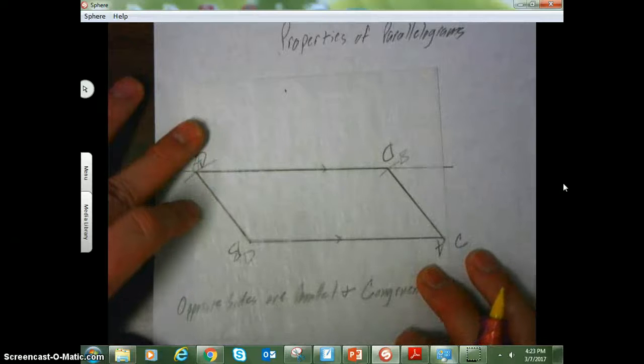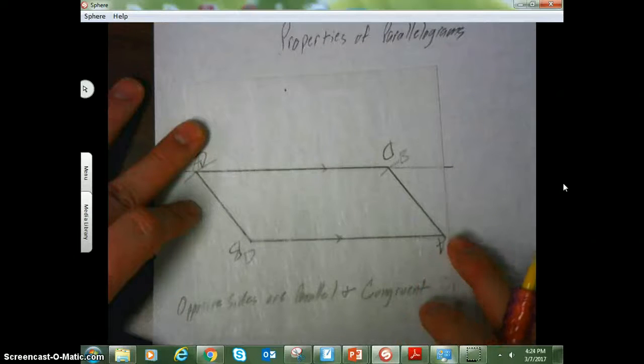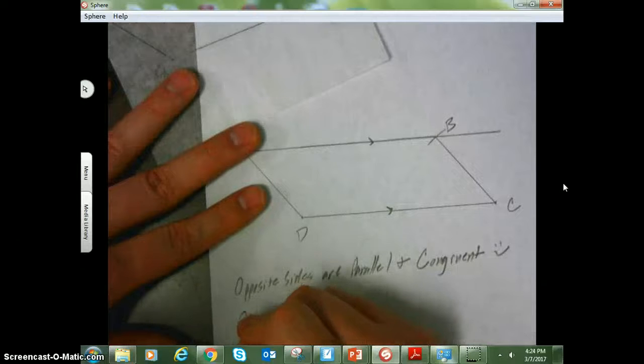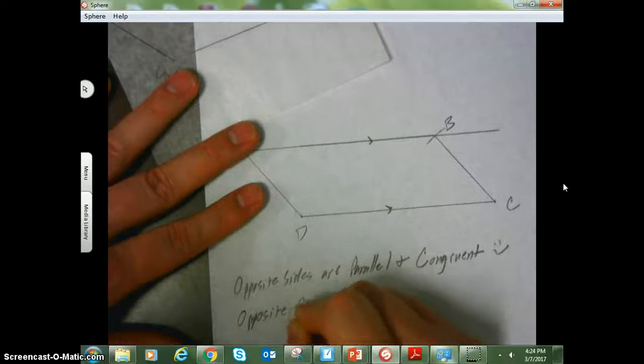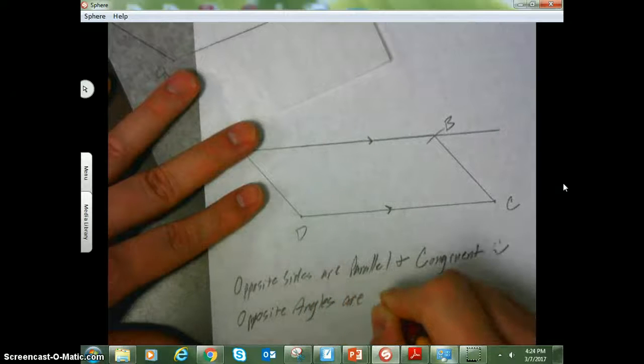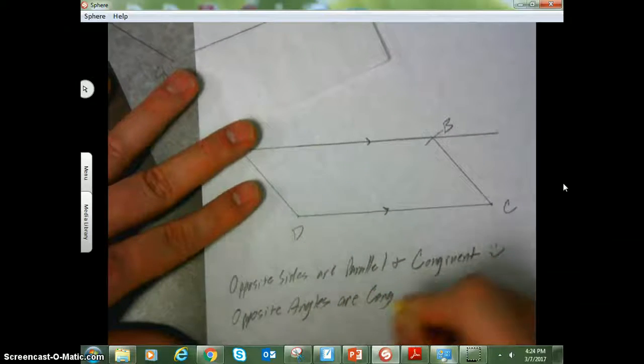We're not actually measuring, just comparing. I can see that angle A and angle C are the same, and angle B and angle D are the same. So one of the other characteristics of parallelograms is that the opposite angles are congruent to each other.